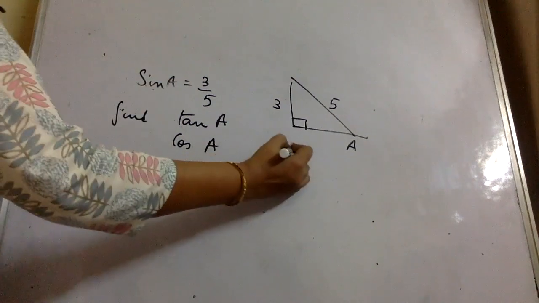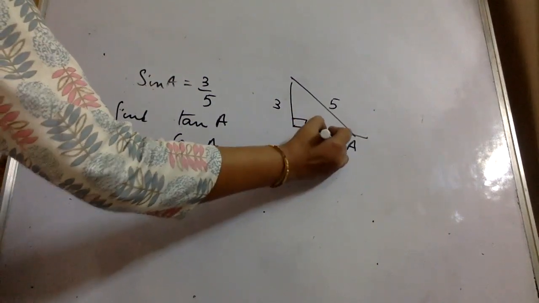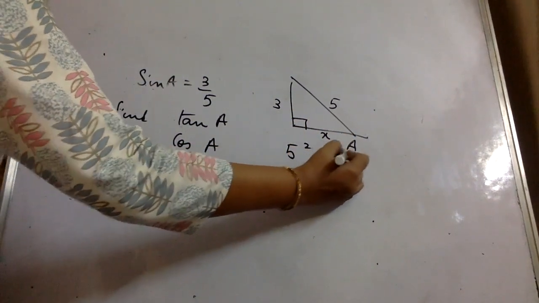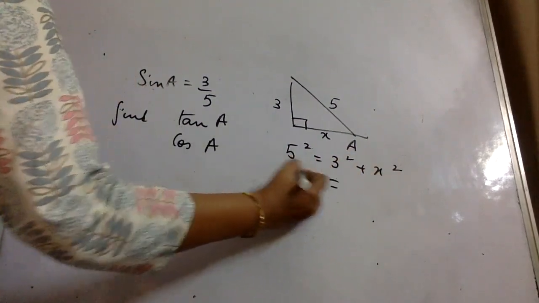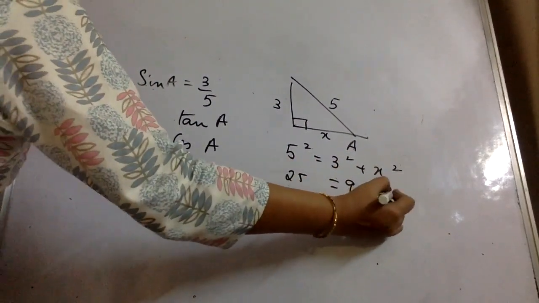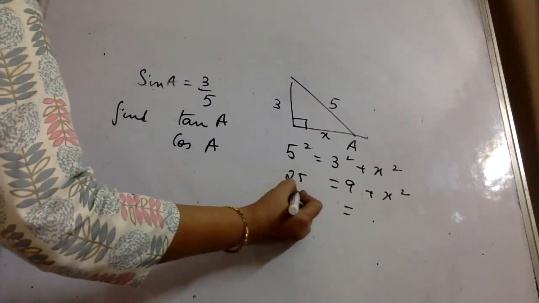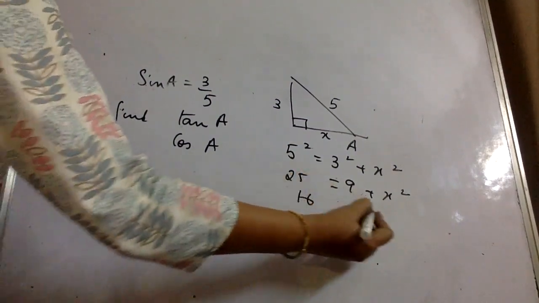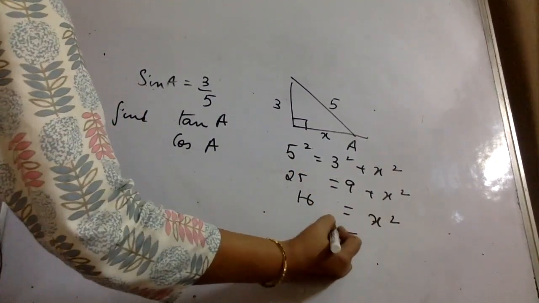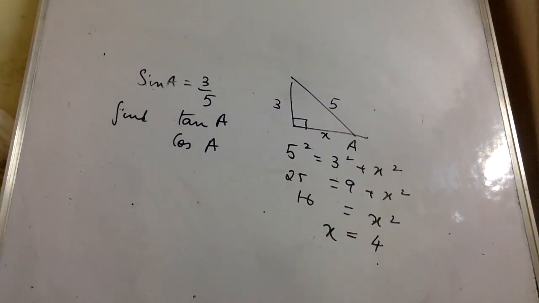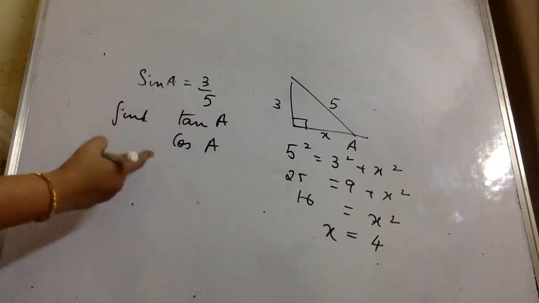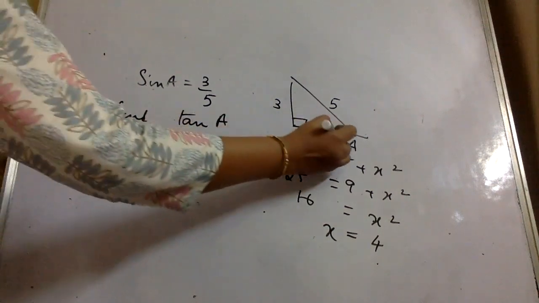If I use Pythagoras theorem to get this, let this be x, 5 square is 3 square plus x square, which is 25, 9 and x square. 25 minus 9 is x square, which is 16. X is equal to 4. So if x is equal to 4, we can write it here.